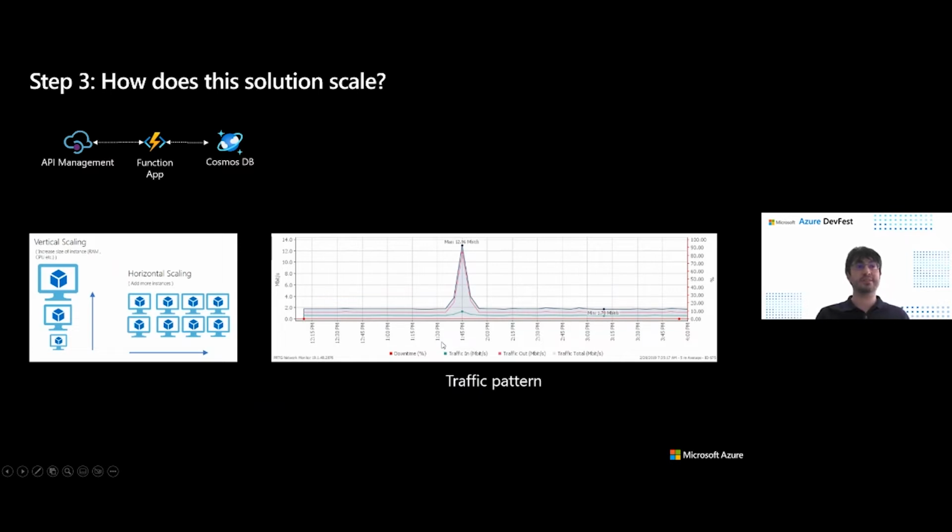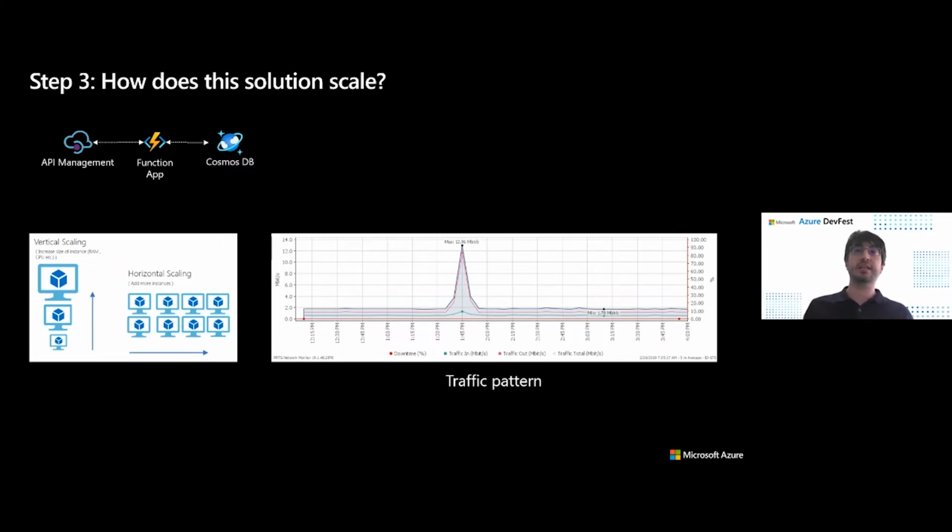Our assumption was that when API Management started to receive a lot of requests, the function app was not able to scale fast enough to manage all the requests from the APIM. So we decided to investigate scalability. When you think about scaling a system, there are two types of scaling.